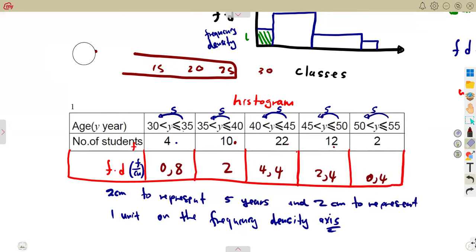So for you to avoid that, check the starting class, the lower class, which is 30. If it is a multiple of the number given there, which is 5, like 5, 10, 15, 20, then 30 is a multiple of those numbers. So you can start at 30.